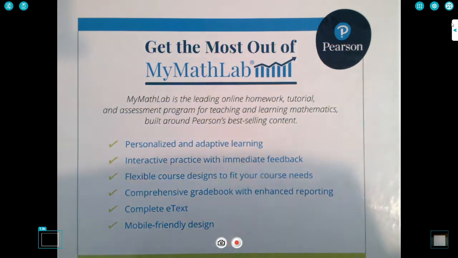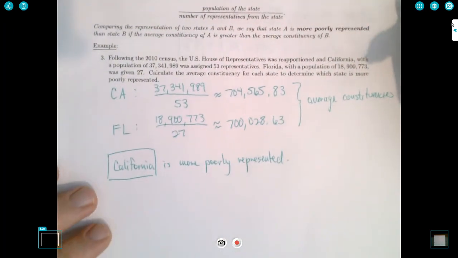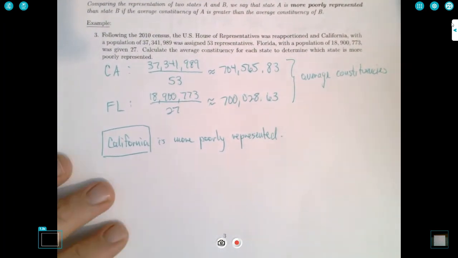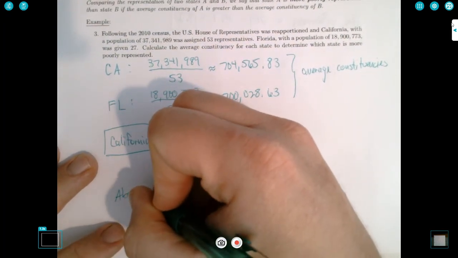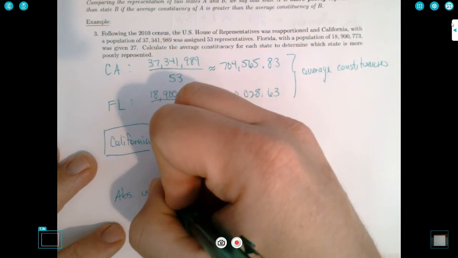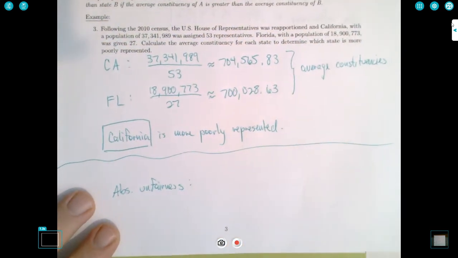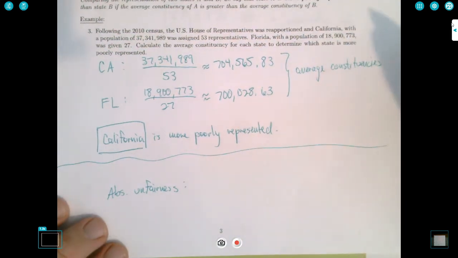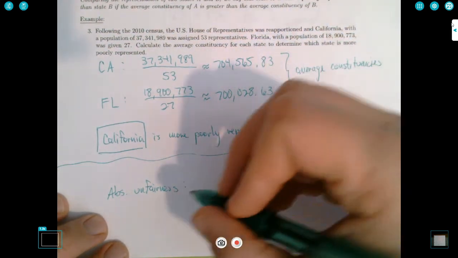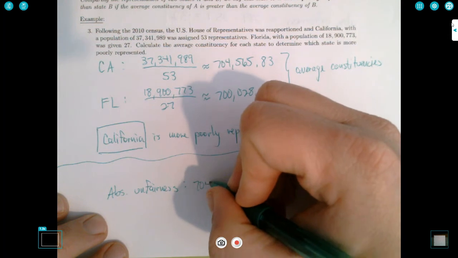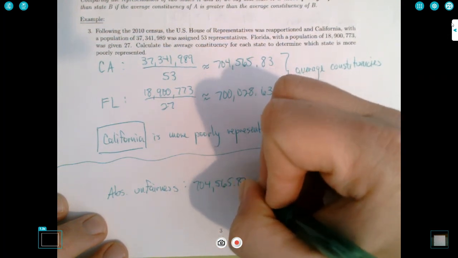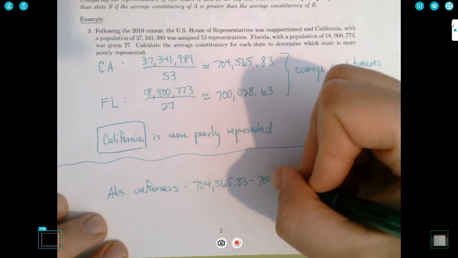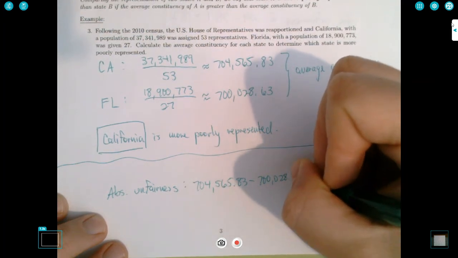If you just looked at the absolute unfairness, and we weren't asked to do that in this particular example, you would say it would be 704,565.83 minus 700,028.63.